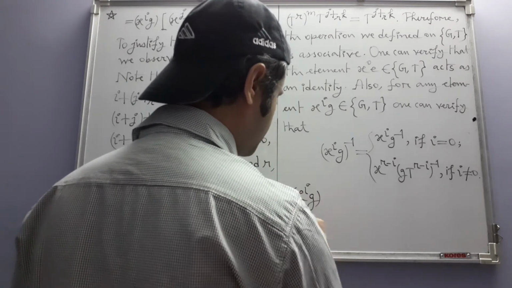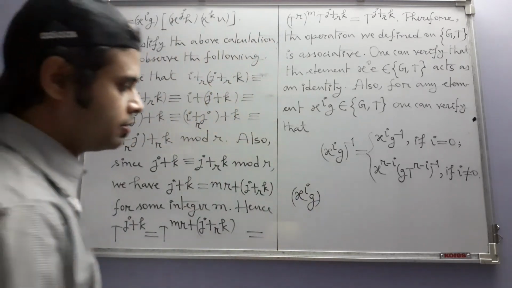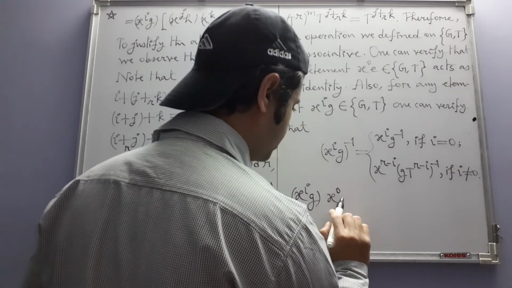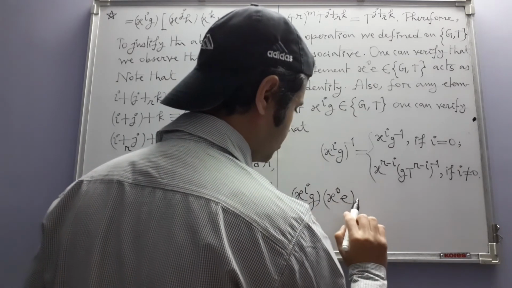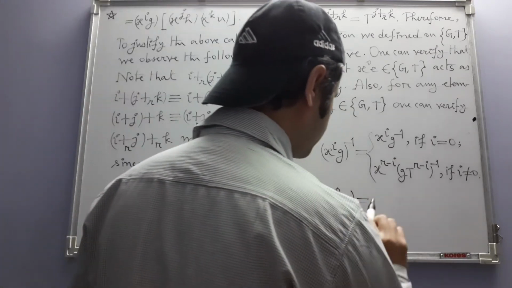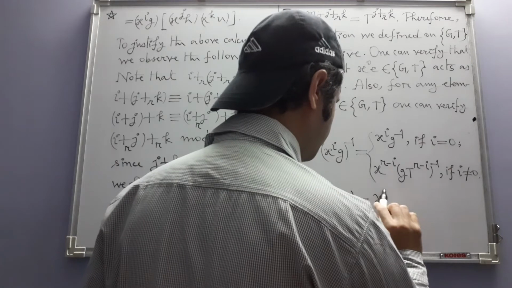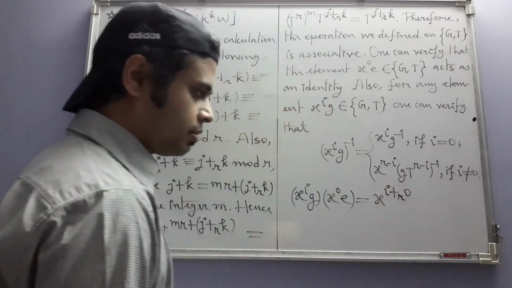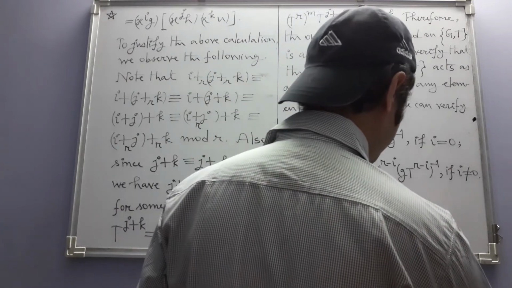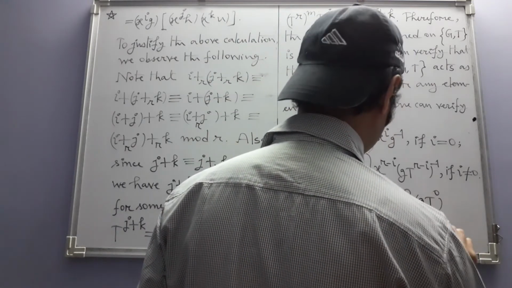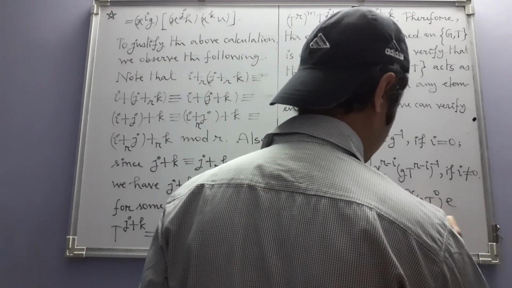Say you have this arbitrary element, you take the product of that element and this one. According to our definition of our binary operation, this is (i + r·0) mod r, g t to the power 0 e.